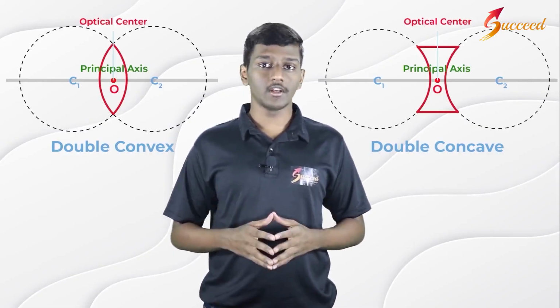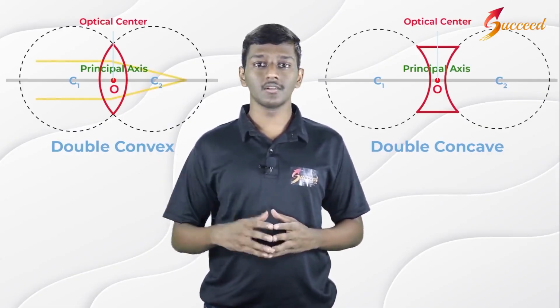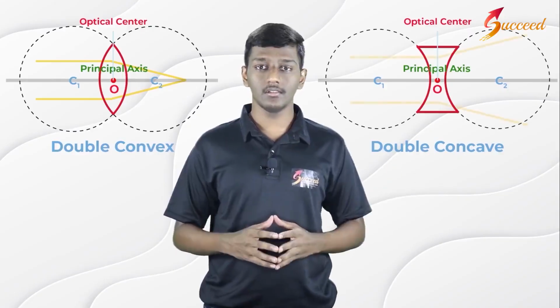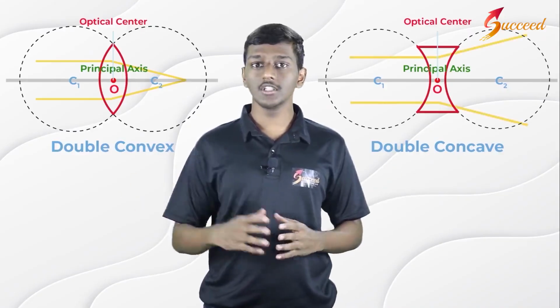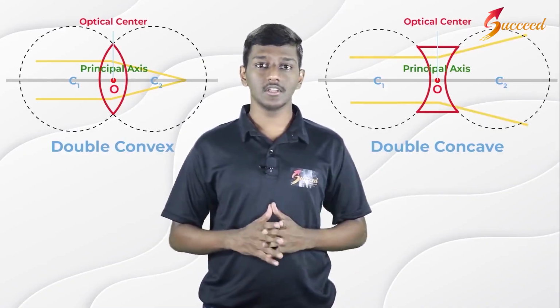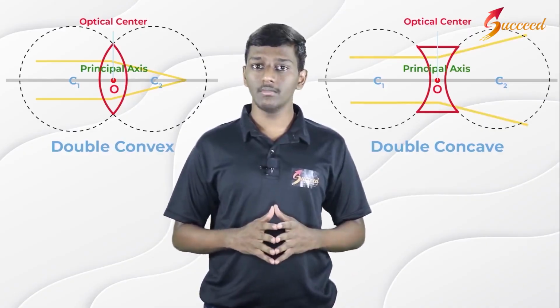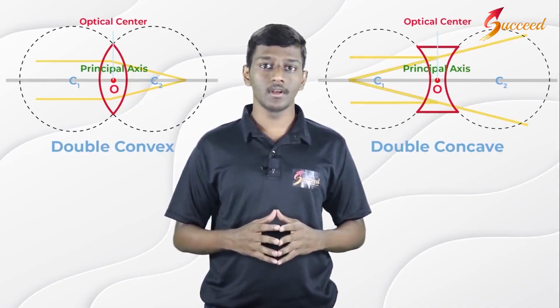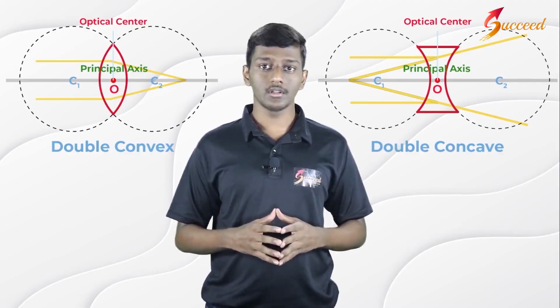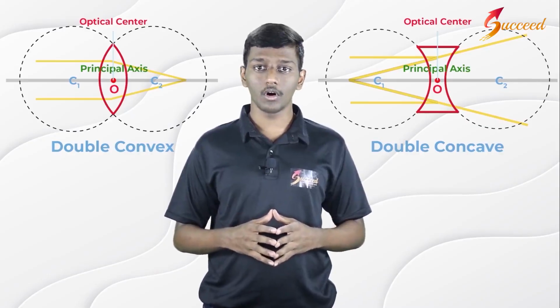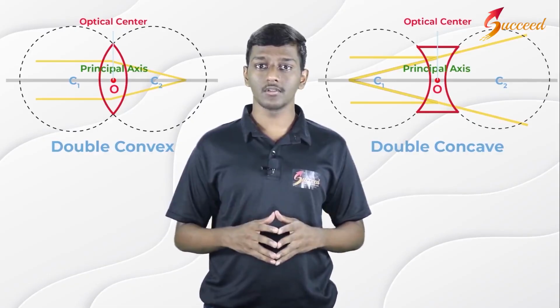Parallel rays of light falling on a convex or a concave lens, after converging or diverging, meet at a point. This point is called the focal point or principal focus.